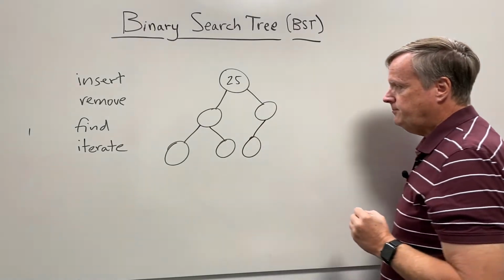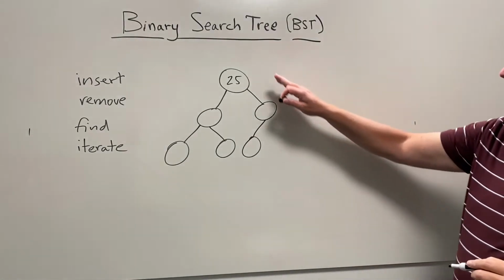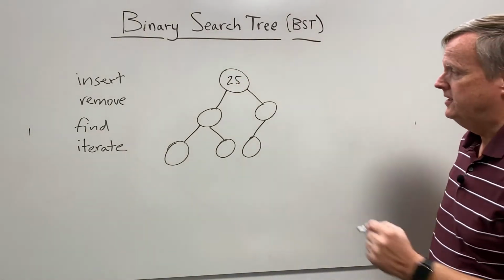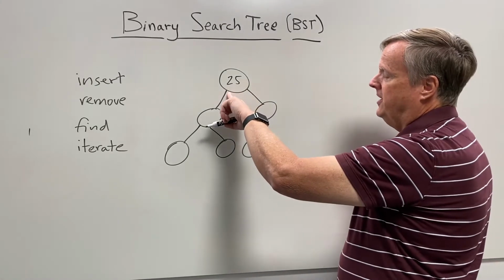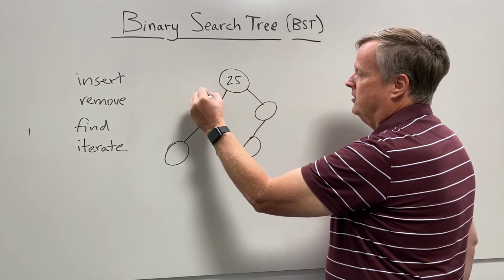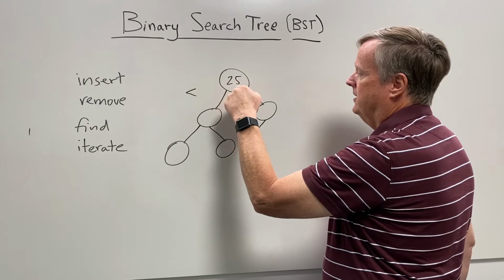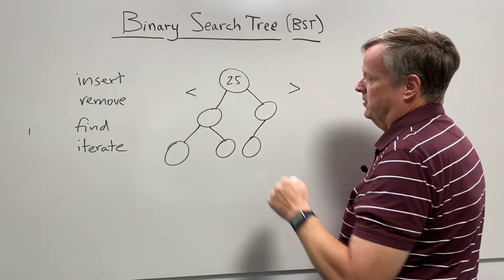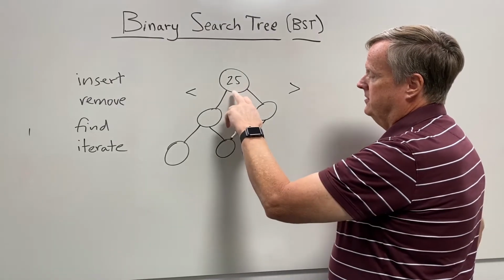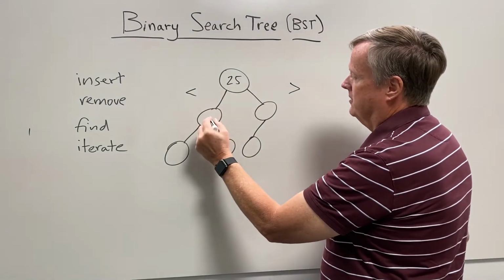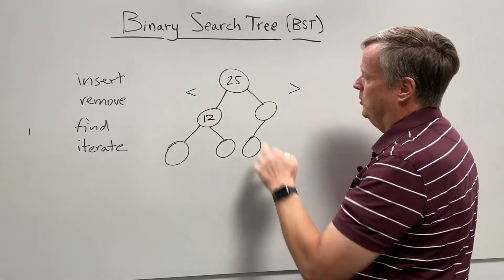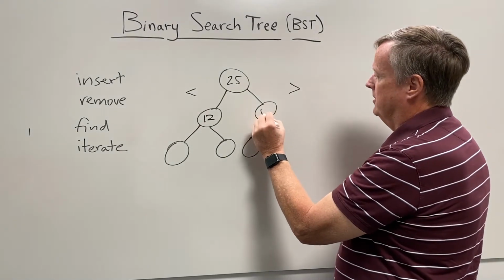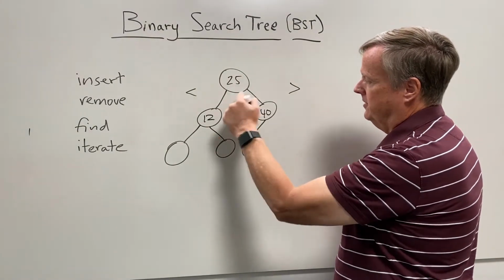Okay? Now the thing that's magic about making this a search tree is that the elements on the left-hand side of a node, everything over here is less than that element, and everything over here is greater than that element. So for example, a 12 would go over here on the left, whereas a 40 would go over here on the right because it's larger than the 25, and so on.